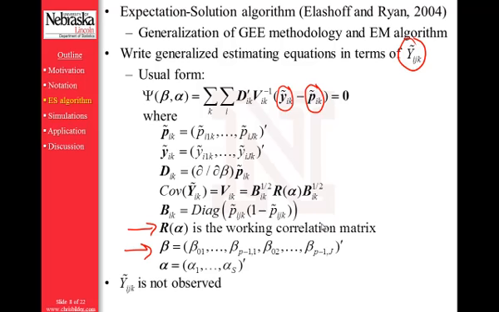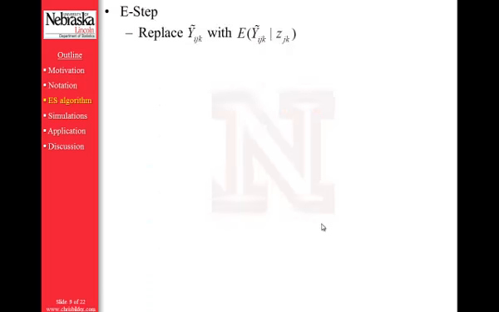Again, y tilde is not observed. So what can we do? This is where the ES algorithm comes in. We can perform the E step, where we replace these y tildes with the expected value of y tilde given the information we do observe from the groups.